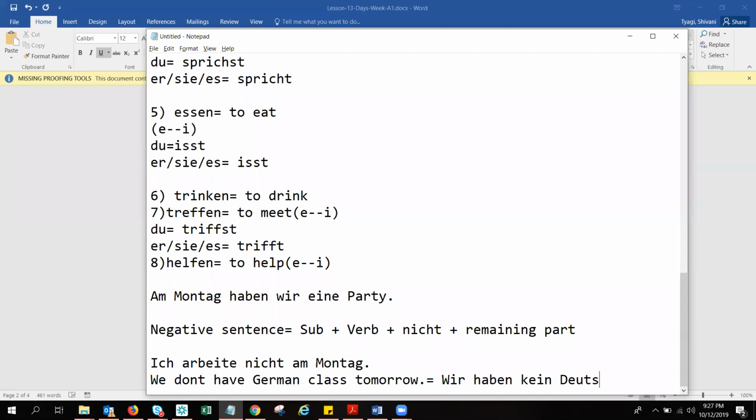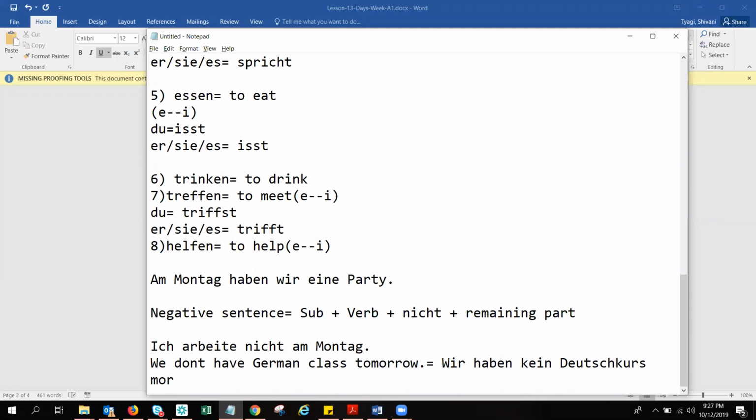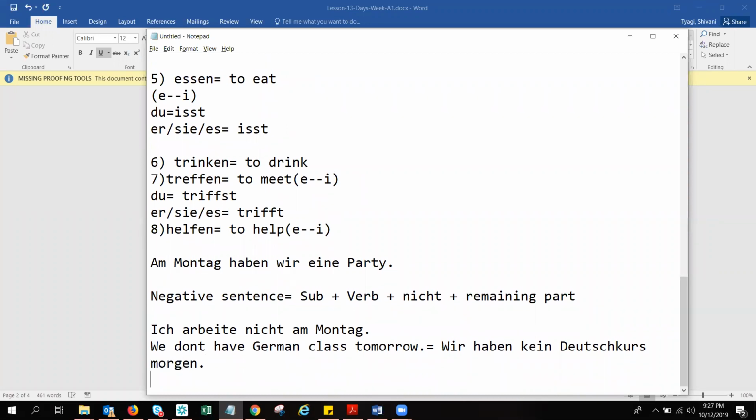Yes, we will use this kein because before a noun we will use this. How to differentiate that? Because of the noun. If I want to write, like, I don't work tomorrow, there is no noun. So I'll not work tomorrow will be ich arbeite nicht morgen.